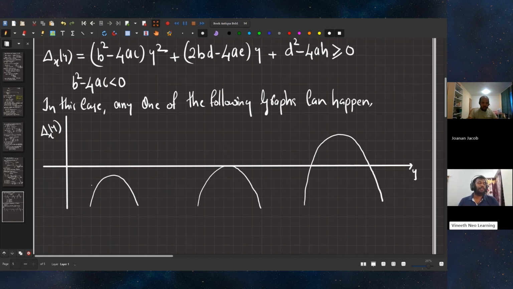What is the condition, Joe? The condition is delta xy should be greater than or equal to 0. Oh yeah, it will not work. It will always be less.